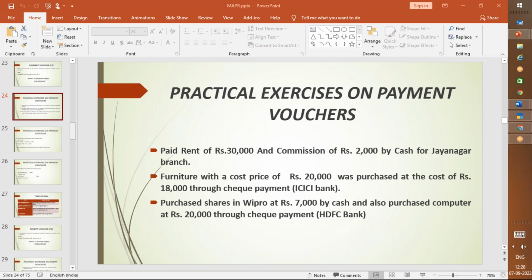Done purchase, sales, Wipro, sales in Wipro under investment.